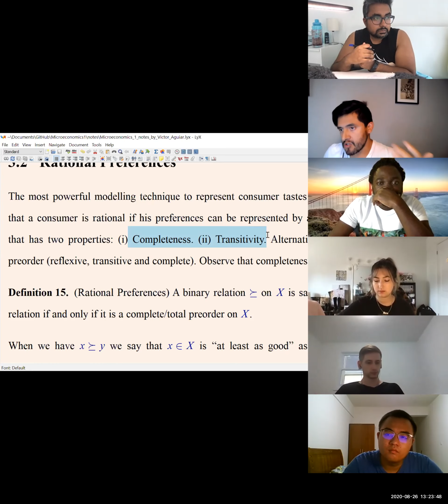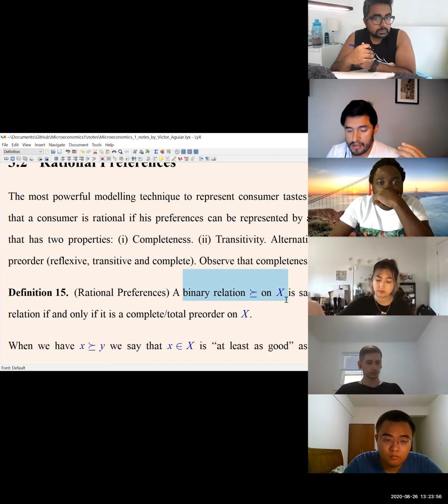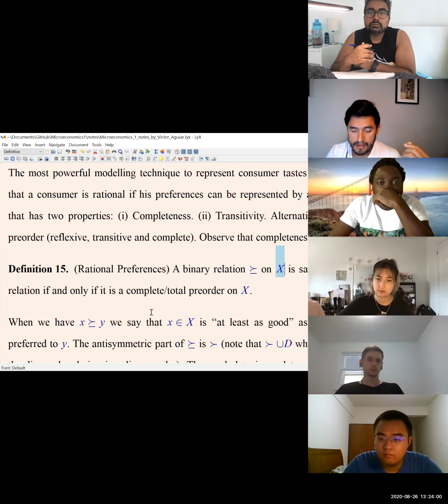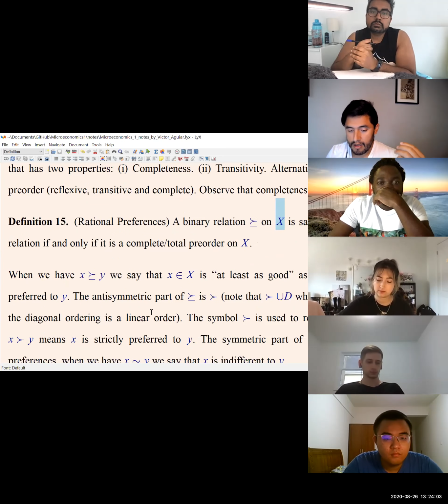And transitivity is this consistency condition. Then we define rationality as any binary relation defined on a grand choice set X that is complete and transitive. According to our dictionary from the first chapter, this is called a total pre-order.